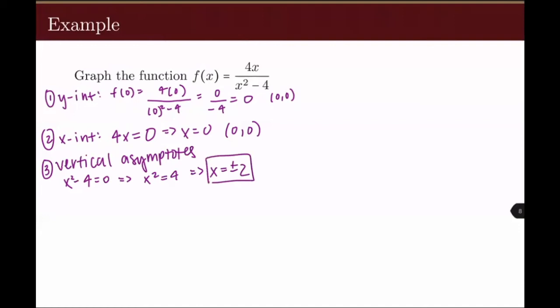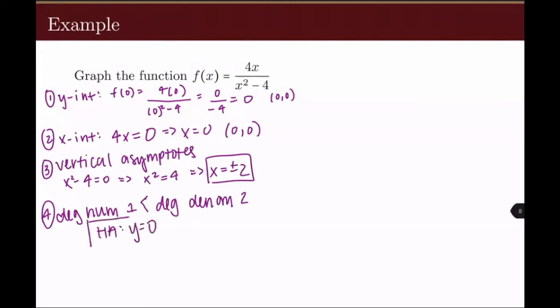Next, we want to figure out if it has a horizontal or a slant asymptote. So this is step 4. The degree in the numerator is 1, and the degree in the denominator is 2. So that means the degree in the numerator is less than the degree in the denominator, which means our horizontal asymptote is y equals 0 per our table.